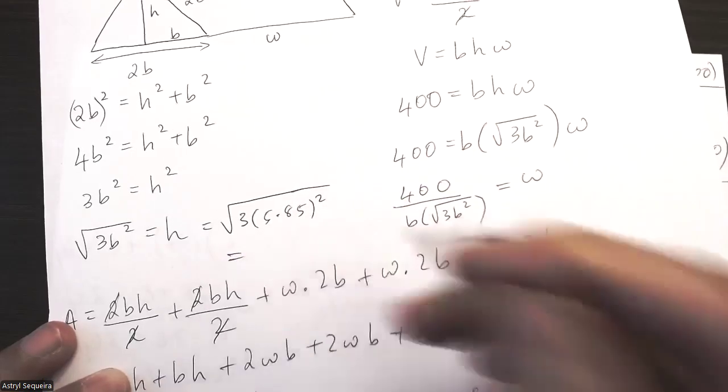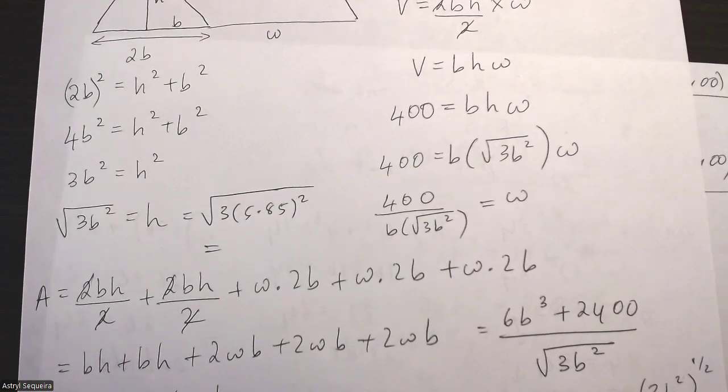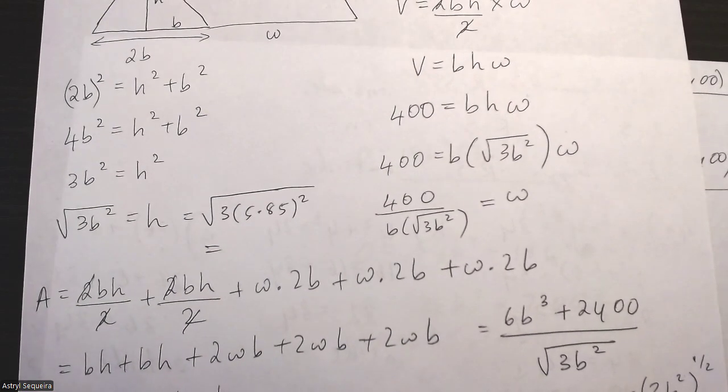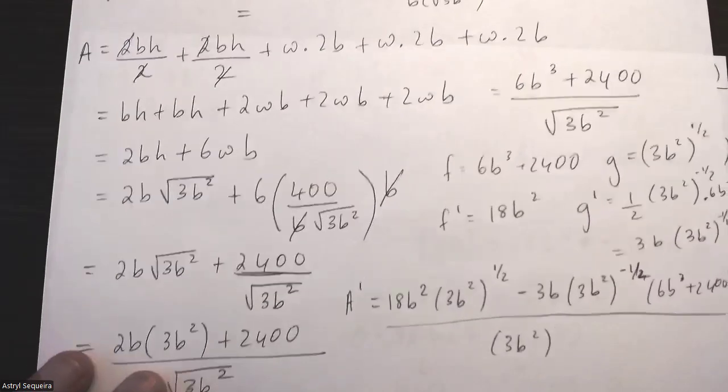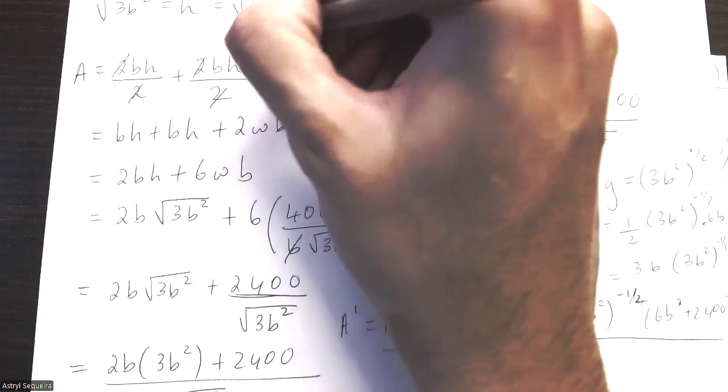I'll just do that in my calculator. Square root of 3 times 5.85 squared is 10.13.